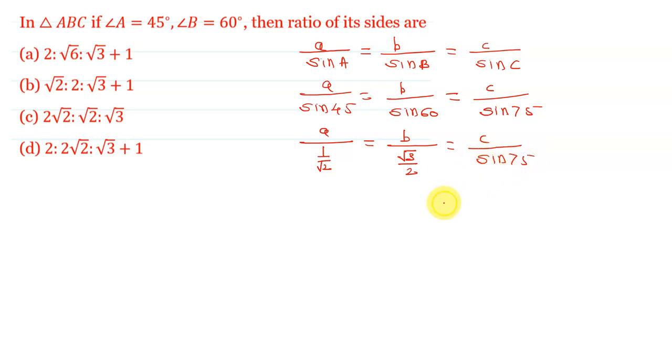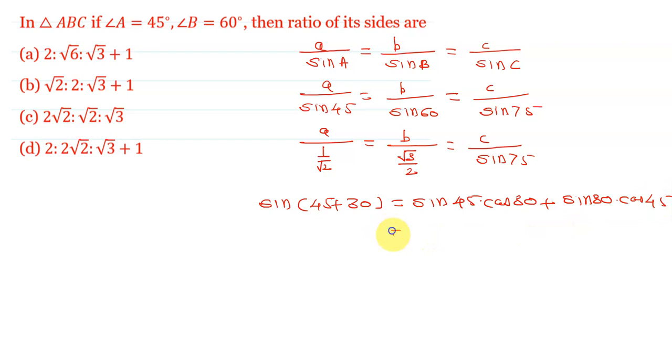Now we'll find out the value of sine of 75. Sine of 75 can be written as sine of 45 plus 30, and the simplification is sine of 45 cos of 30 plus sine of 30 and cos of 45. Substitute the value. Sine 45 is 1 by root 2.